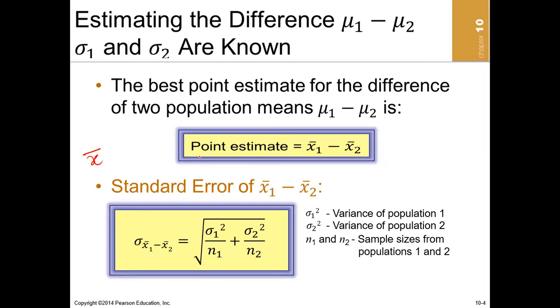But here, because we are talking about the difference between 2 populations, the point estimate will not be just the sample mean, but rather the sample mean of the first population minus the sample mean of the second population.